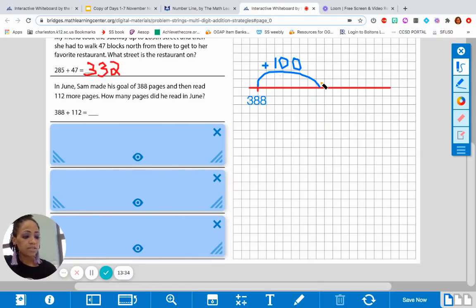So I can add 100 first, which is going to give me 488. It's really easy to add 100 because the only place that's changing is the hundreds place. I had 300s, now I have 400s. And what left do I have to add? Good, 12. I'm going to add 12, and that's going to give me a really nice number, actually. 488 plus 10, and I could break 12 up into 10 plus 2 if I needed to.